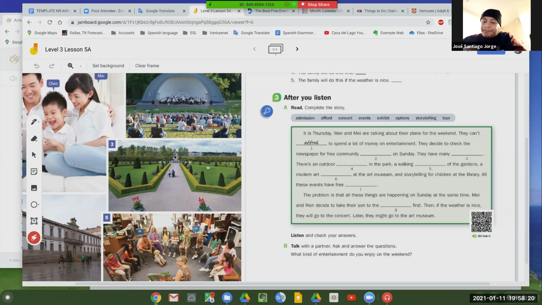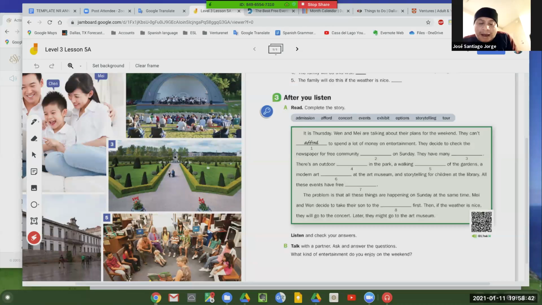They decide to check the newspaper for free community events on Sunday. Good. So that's events. They have many options.